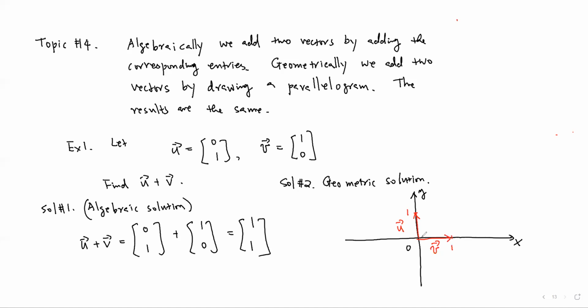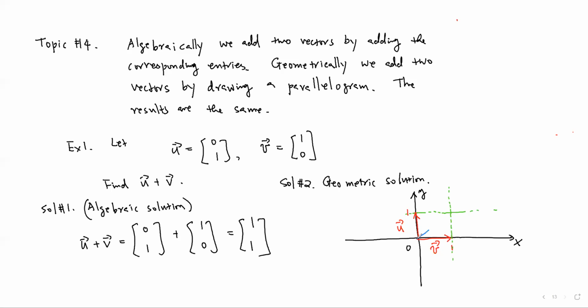Draw a line parallel to vector v, and draw a line parallel to vector u through the head of vector v. Then the diagonal line of this parallelogram is the sum of these two vectors.